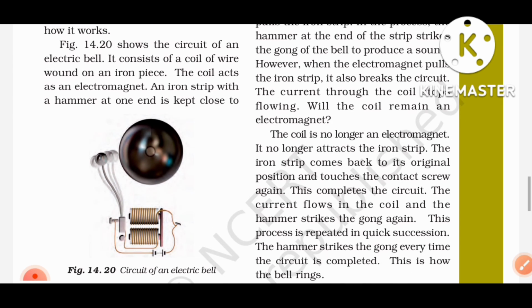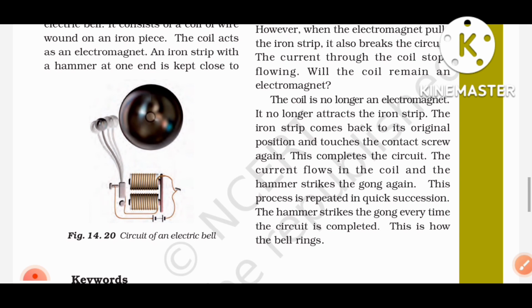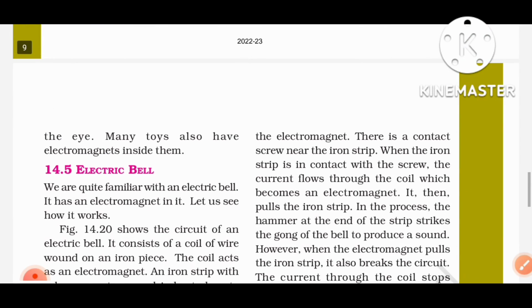Figure 14.20 shows the circuit of an electric bell. It consists of a coil of wire wound on an iron piece. The coil acts as an electromagnet. An iron strip with a hammer at one end is kept close to the electromagnet.